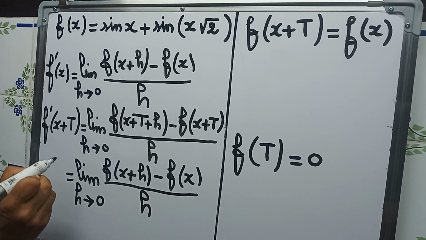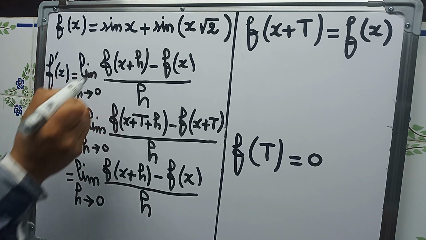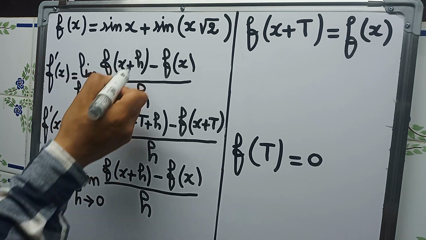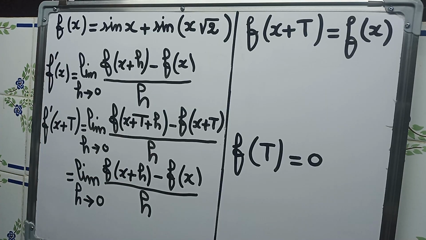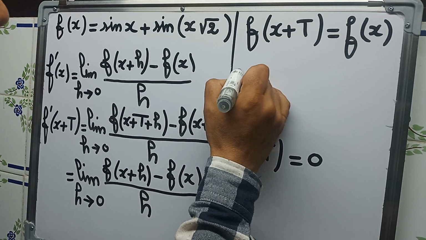And here you see f prime of x plus t is just f prime of x. Those two numbers are equal. So f prime of x plus t is equal to f prime of x.